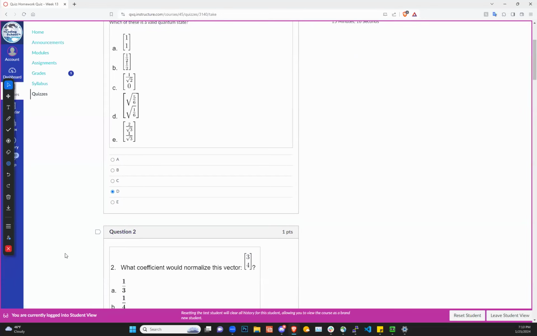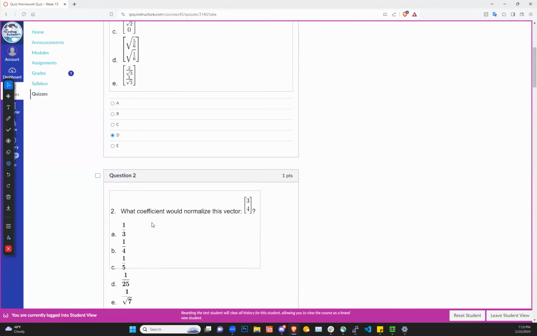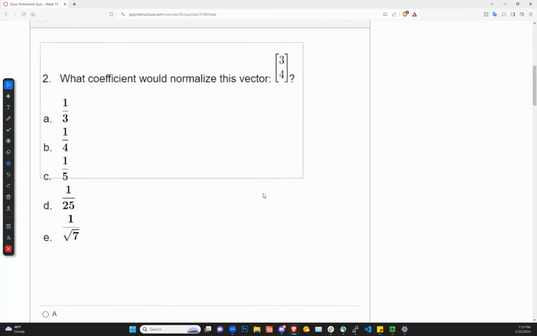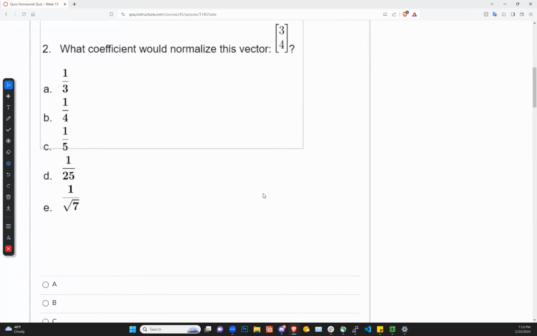All right. So taking a look at question 2, what coefficient would normalize this vector? When we're talking about normalizing a vector, we're talking about multiplying it by a number to make it have length 1. So this vector, let's check its length first. We can take the square root.